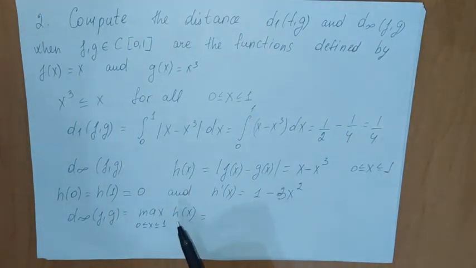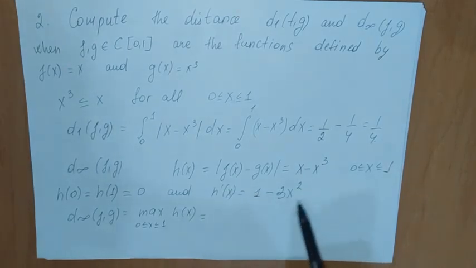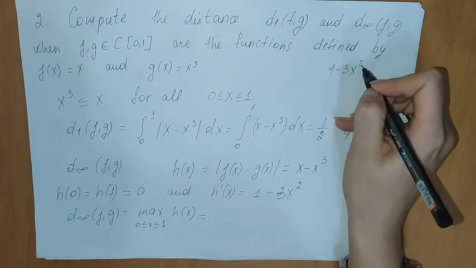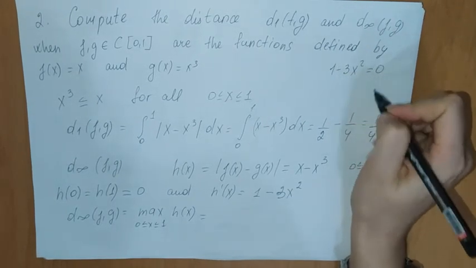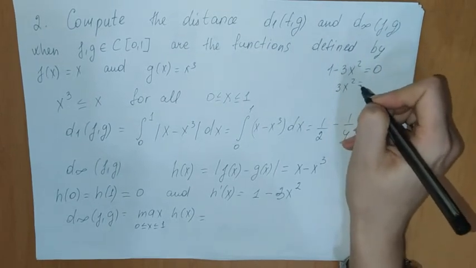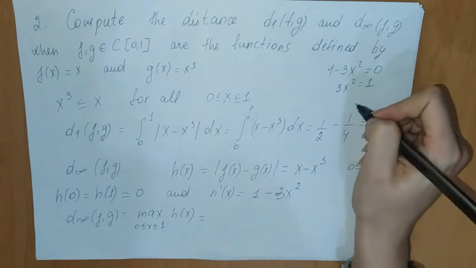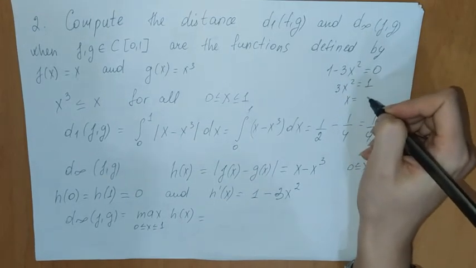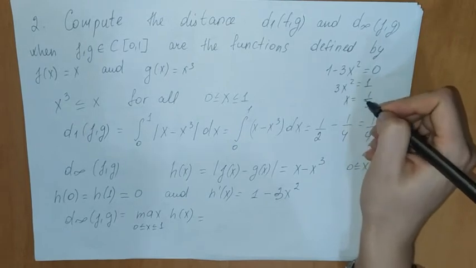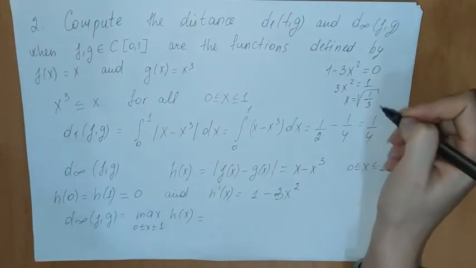In order to find the maximum x value, we should solve this equation: 1 minus 3x squared is equal to 0, so 3x squared is equal to 1, and x is equal to the square root of 1 over 3.